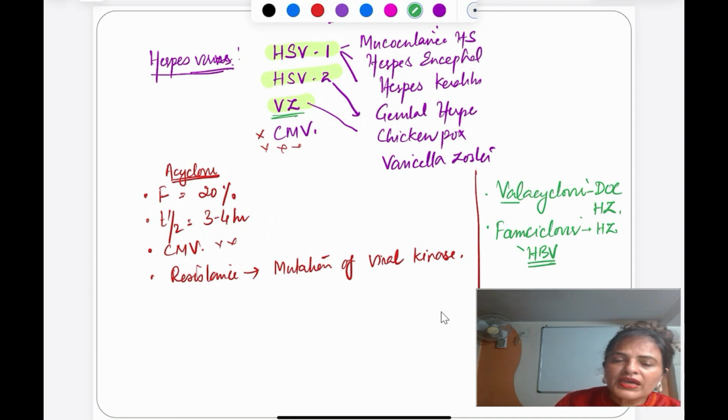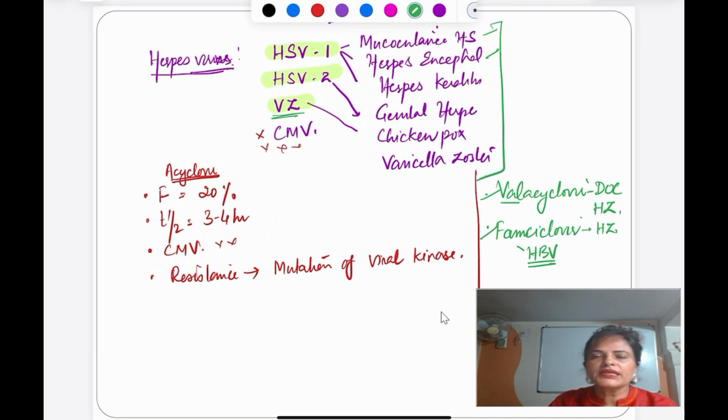Now for mucocutaneous herpes simplex and herpes encephalitis we have acyclovir. These two drugs, valacyclovir and famciclovir, are alternatives to acyclovir for all these indications: mucocutaneous herpes simplex, herpes encephalitis, herpes keratitis, genital herpes, chickenpox, and varicella zoster. So these are the uses of acyclovir, valacyclovir, and famciclovir.